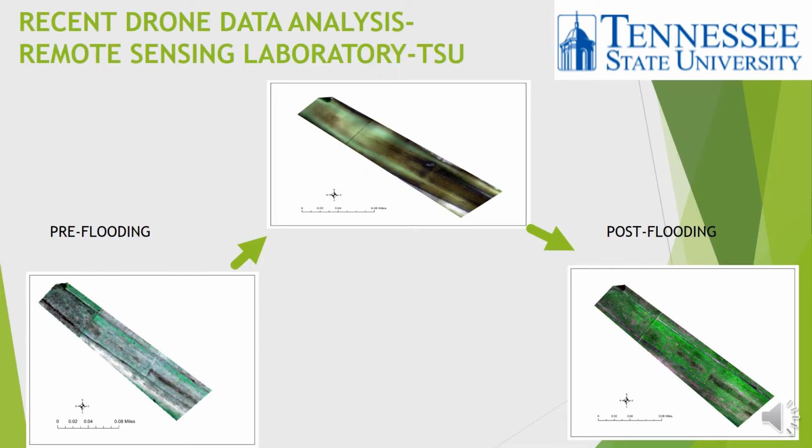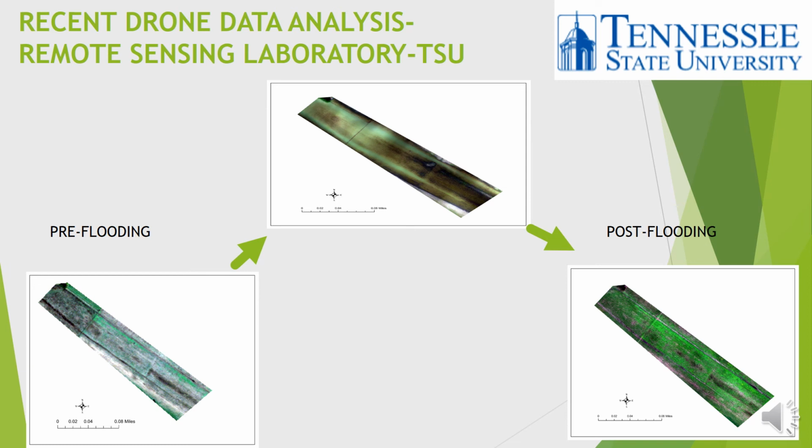So I've talked about drone technology and applications in agricultural crop mapping and monitoring. This slide gives you an example of one other project that we did in the remote sensing laboratory at Tennessee State University, where we used drone technology to understand change in the quality of pasture as a result of a flood event.